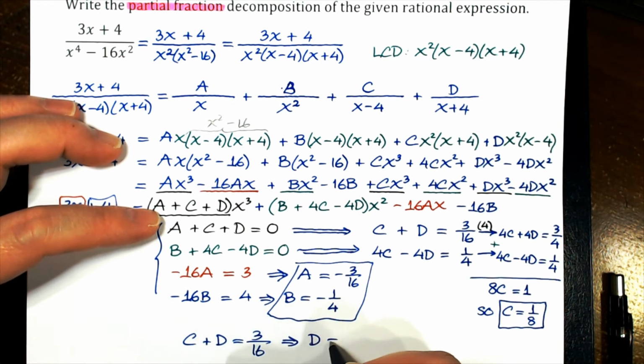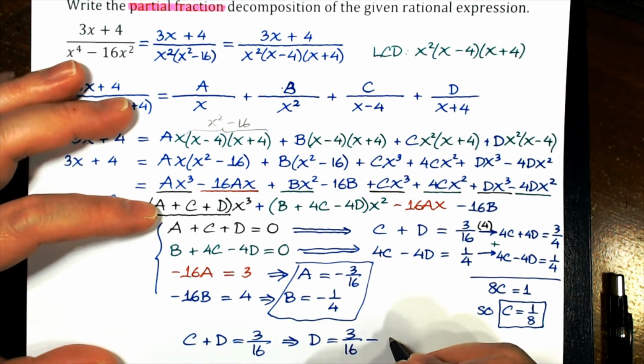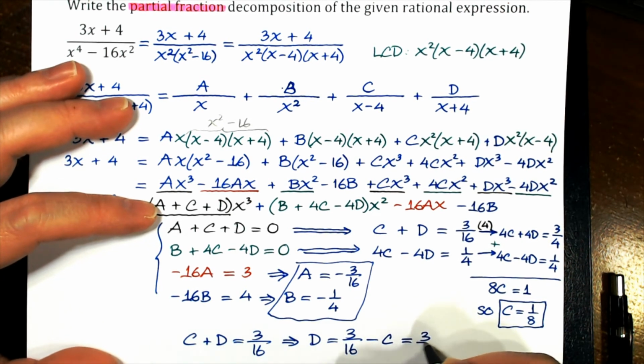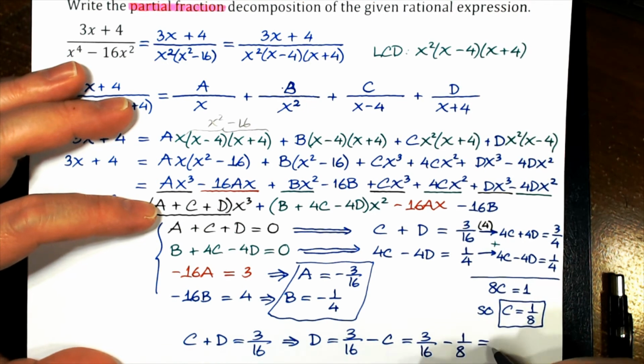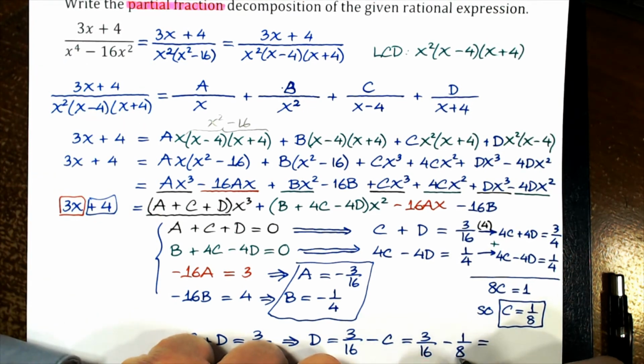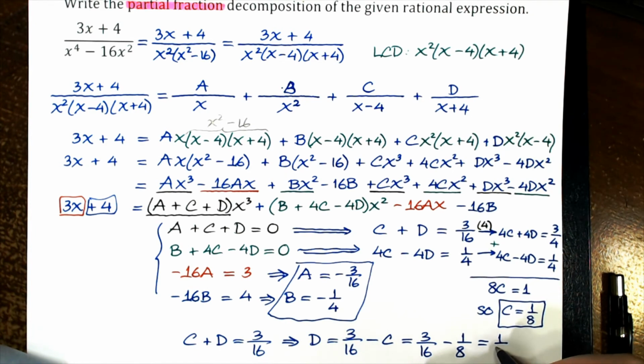So d is equal to 3 over 16 minus c, and 3 over 16 minus 1 over 8. Multiply 2 top and bottom, so we have 2 over 16, which means d is 1 over 16.